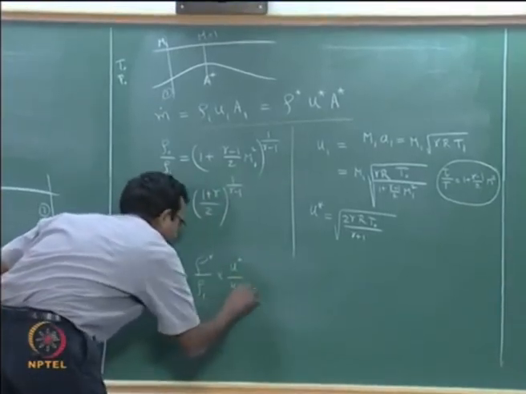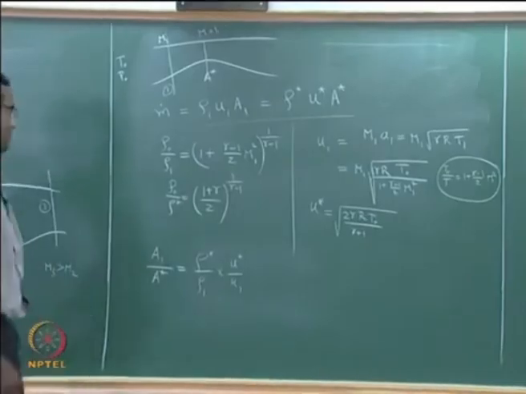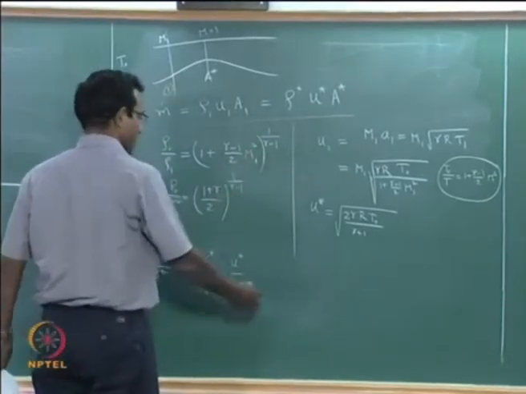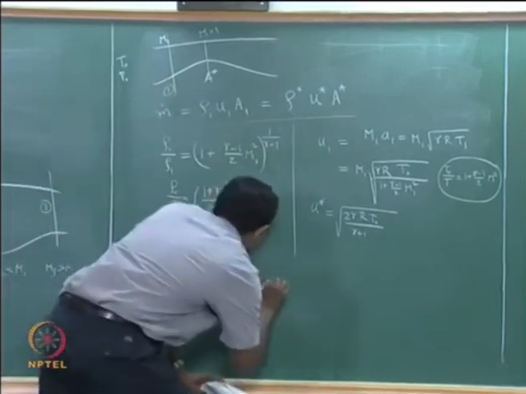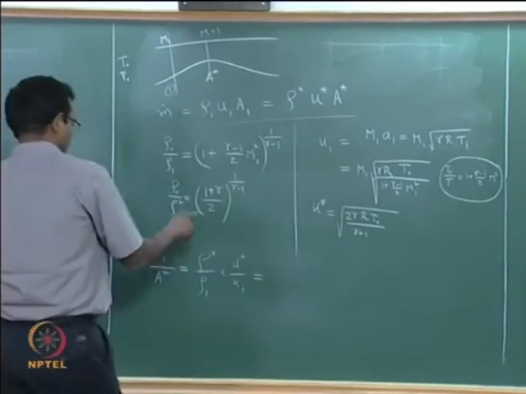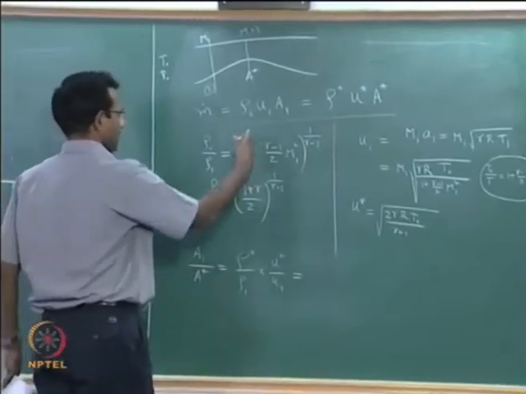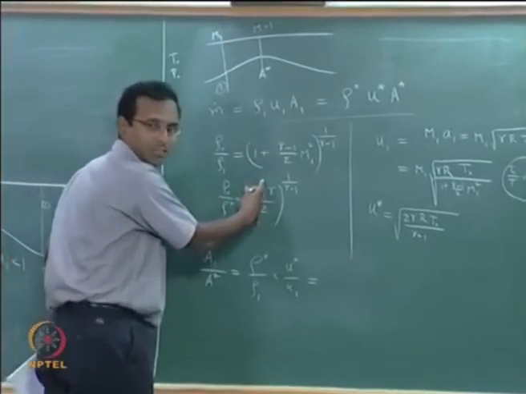Actually I have to write it as rho 1 and u1, and we just have to substitute these functions inside there. Rho star by rho 1 is this divided by this.